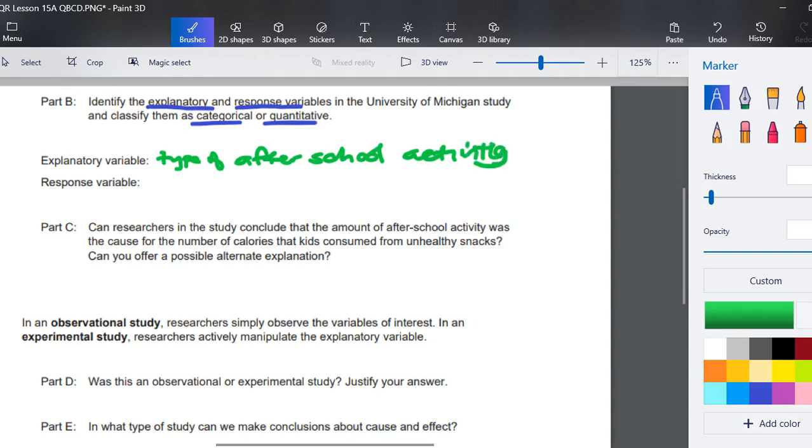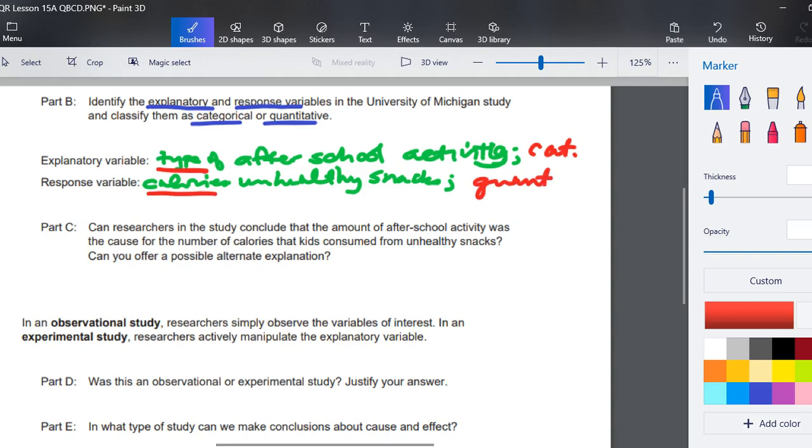And then the response, it's going to be the calories consumed from unhealthy snacks. And so the type of after-school activity is going to be categorical. The calories are going to be quantitative.